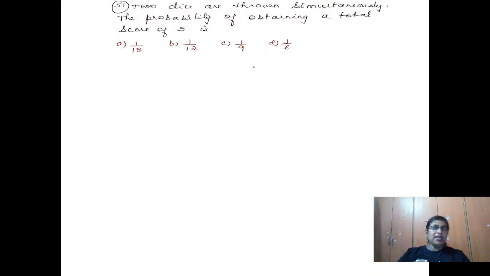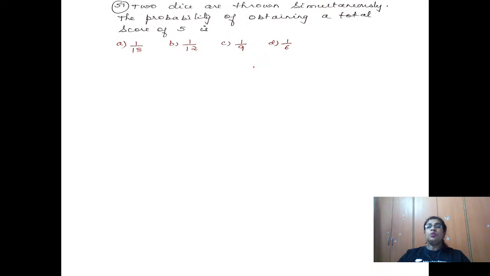When you throw one die, what do we have? 1, 2, 3, 4, 5, 6. There are 6 options. So the sample space for one die is 6. Another die is also thrown, so there also I get 1 to 6. Now the probability of obtaining a total score of 5 is asked.